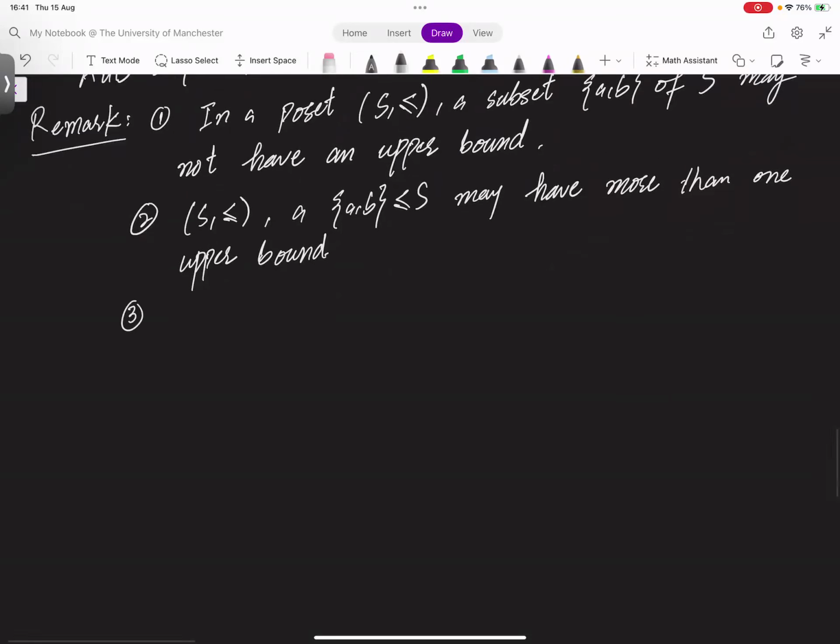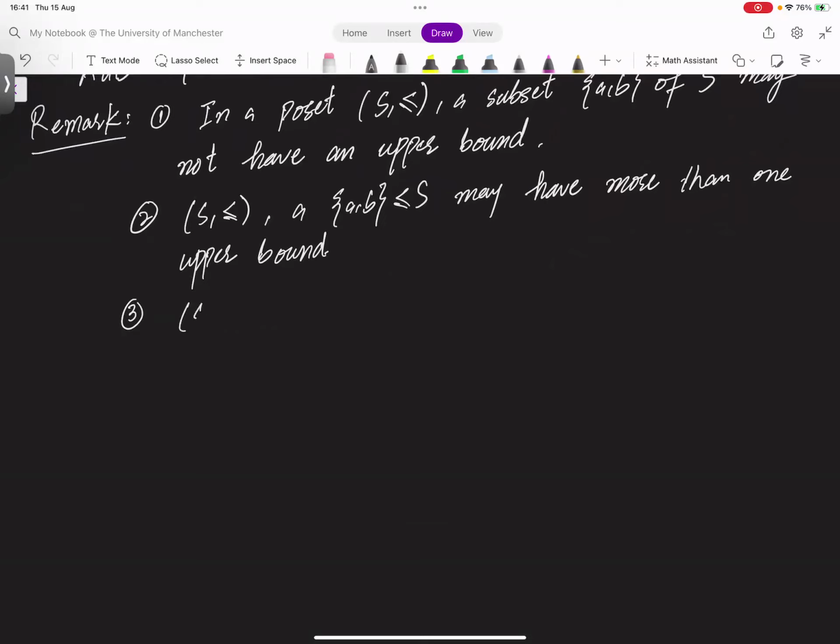Three, in this poset, the subset of S may not have a least upper bound.